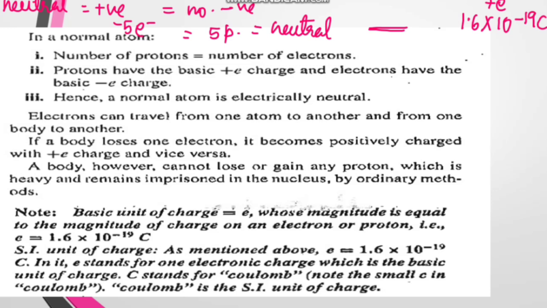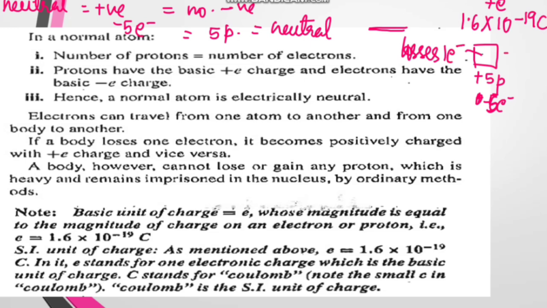So I can say, if a body loses one electron, I am saying this is one body and it has plus 5 protons and 5 electrons. Initially it is neutral. By some means of activity, this body loses one electron.